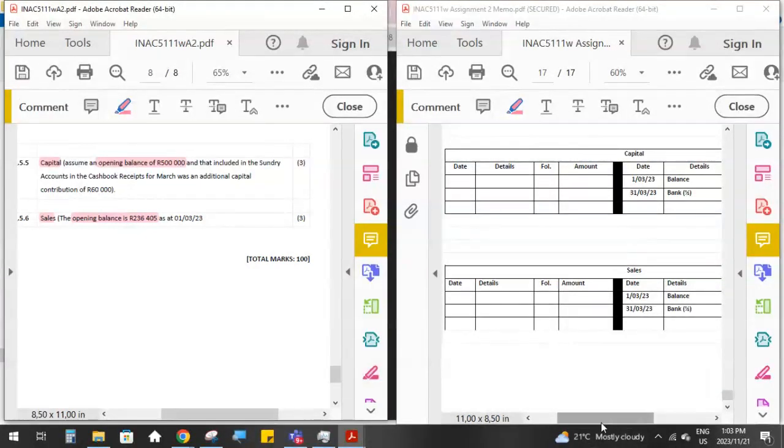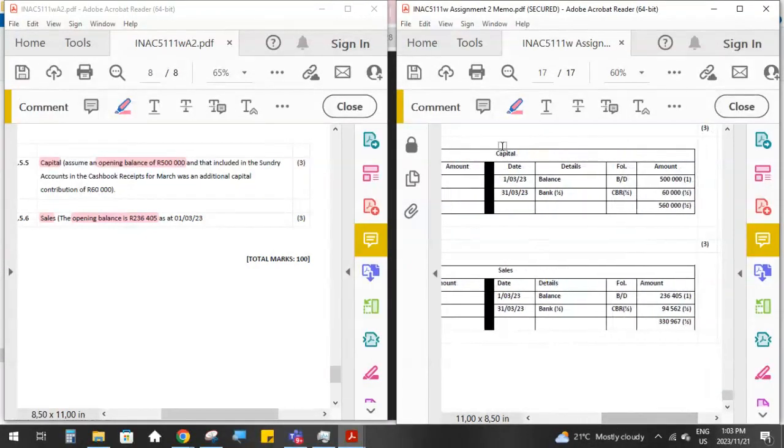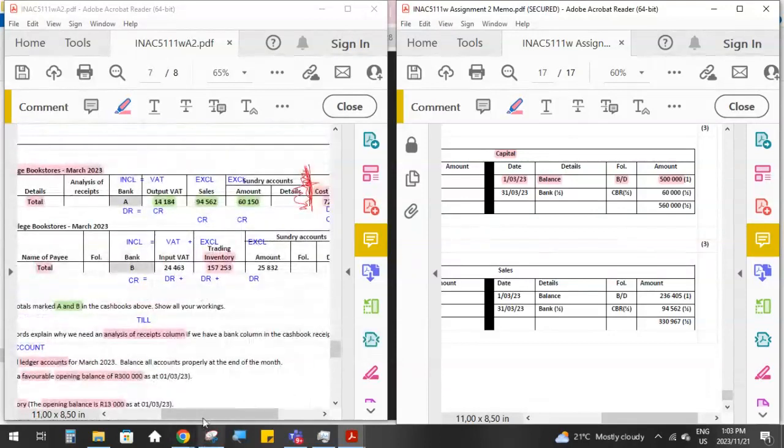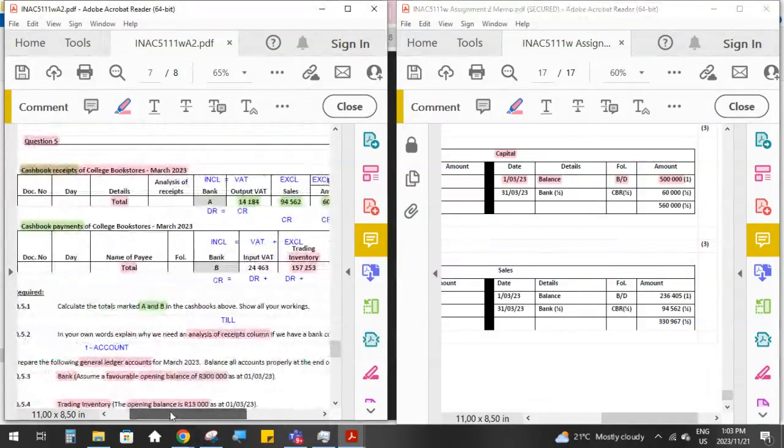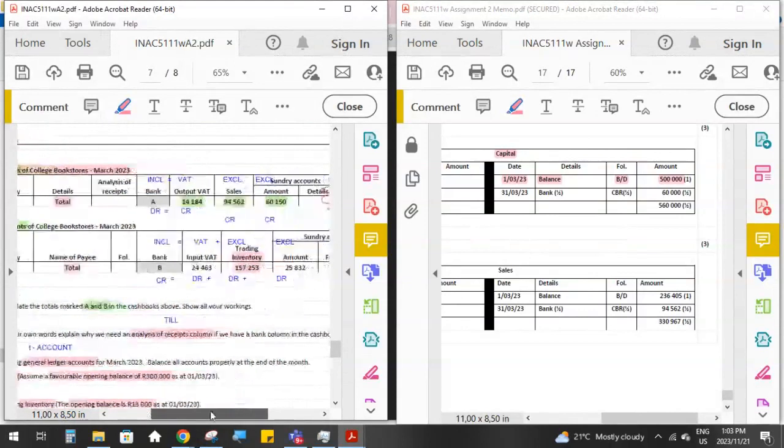So that 500,000 must be on the credit side because capital increases on the credit side. So on the 1st of the opening month, 1st of March, the balance brought down was 500,000. Then what transactions in our cash book payments and cash book receipts did we post to capital? So that's our main column, bank.